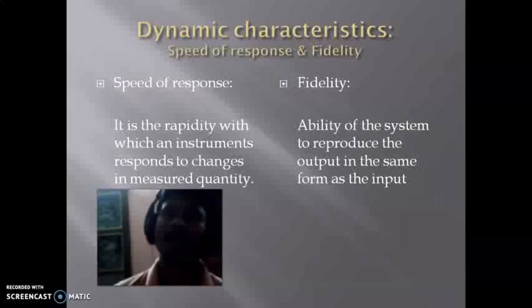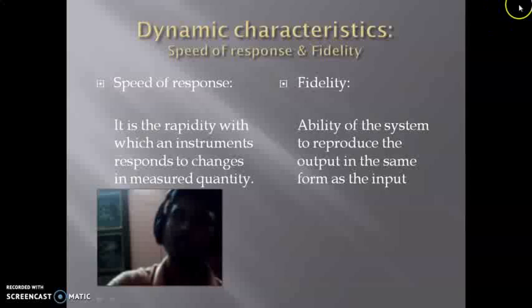At the same time the output will change, and how fast it responds depends on the instrument. If it responds very fast, then the instrument's speed of response is very good.